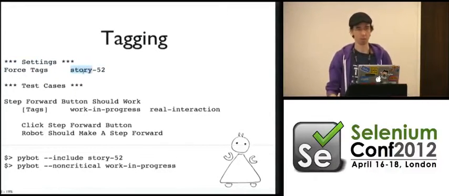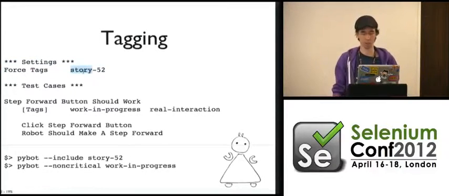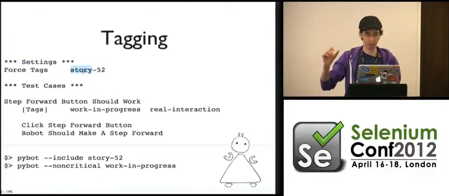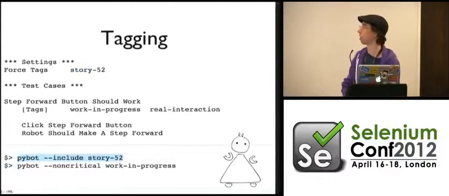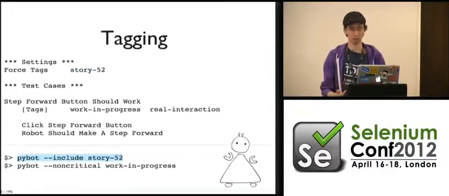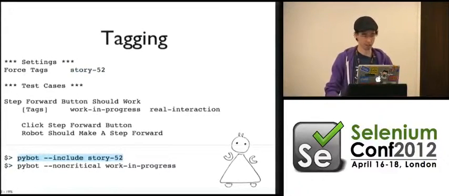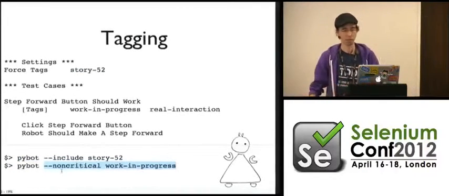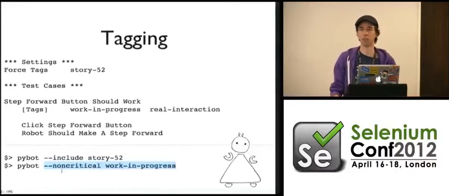If I'm in an agile environment and all my user stories have numbers, then I can execute all stories that are relevant just by selecting them by a tag. Or I can say, okay, if a test case tagged with work in progress fails, that's not critical. Please don't fail the build because I'm still iterating on that. That comes in really handy if I want to execute these two tests, or maybe just run regression tests and fail the build if a really critical thing happens.